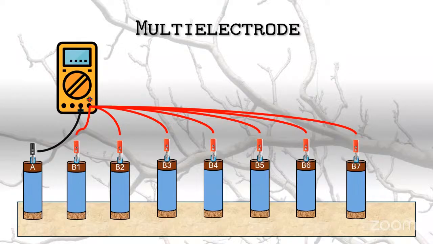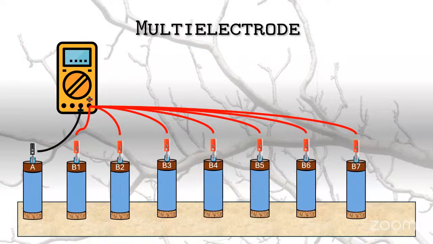The other detail is that we look for electrodes that are as similar as possible, to reduce the instrumental error.